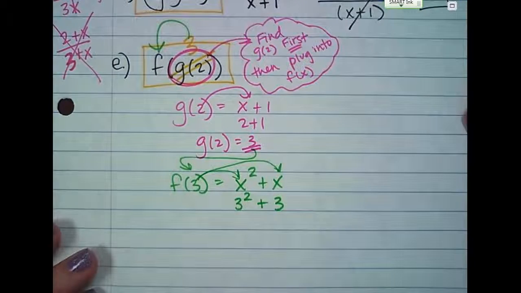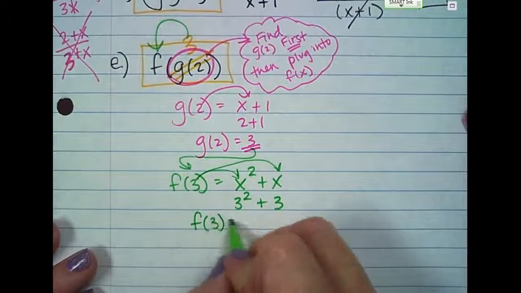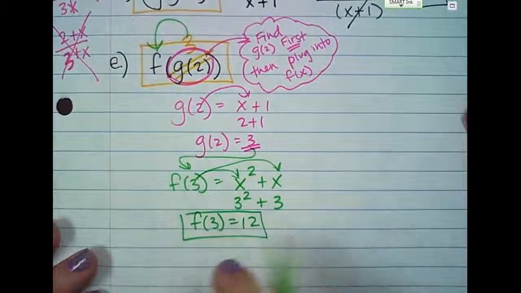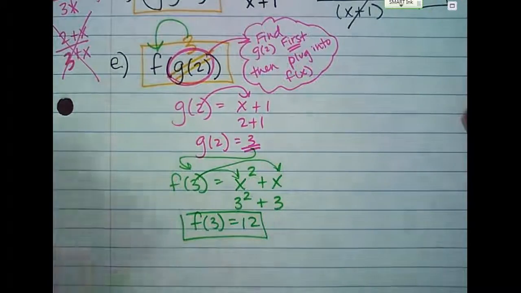What's 3 squared? 9. 9 plus 3 is 12. So f of 3 equals 12. Guys, be sure you write f of 3 equals 12. When you're finding a function with a number in the middle, you have to tell me what you found. Hey, I found f of 3. I plugged 3 in and this is what I got. You only have to do that with numbers. So that's E. Let's move to F.